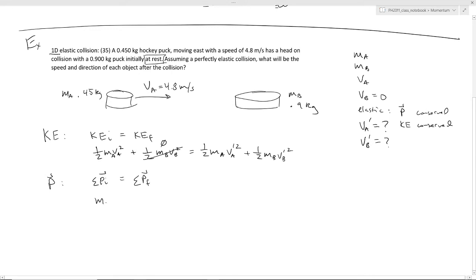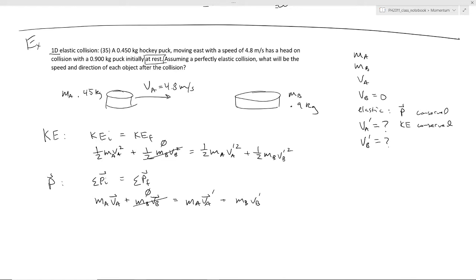So MA VA plus MB VB is going to have to equal MA VA prime plus MB VB prime. And just like with the kinetic energy, we've been very complete by putting the MB VB term, but we know that will be 0 because the initial velocity of B is 0.